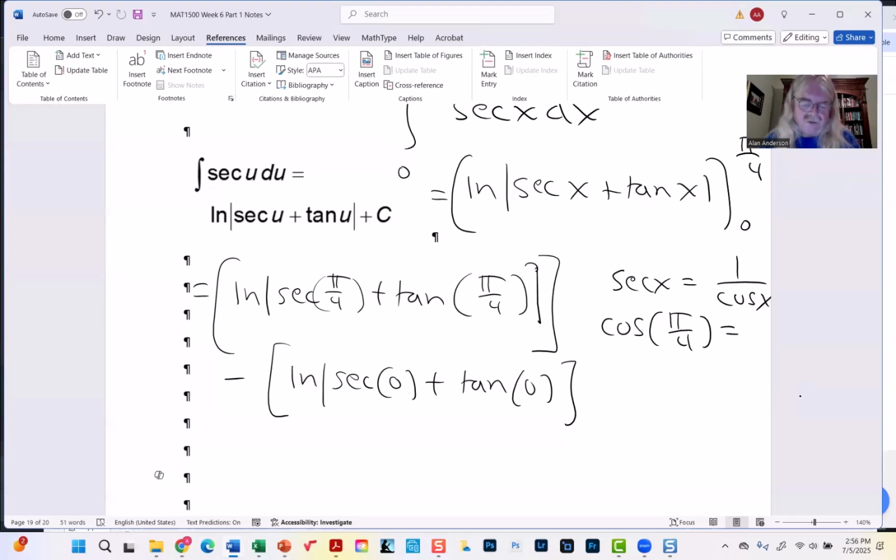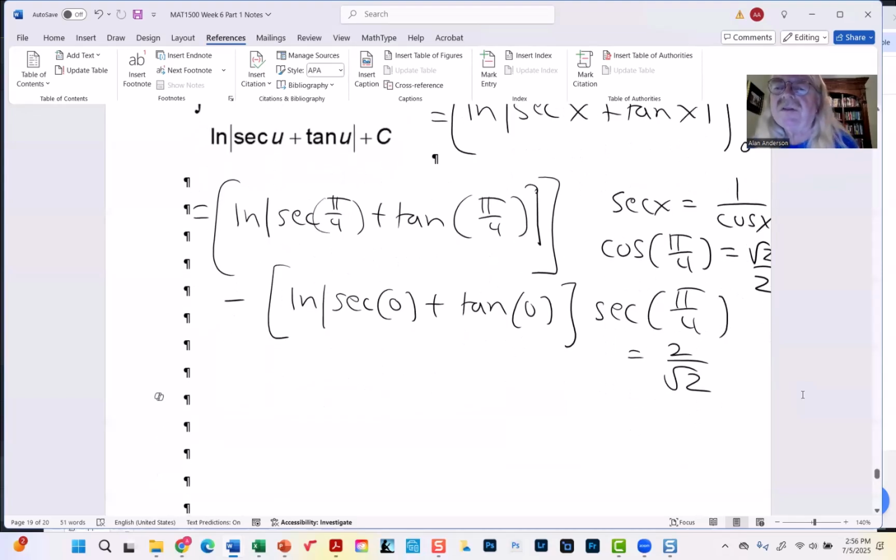It looks like it's radical 2 over 2. Hold on, let me just double check this. Yes, okay. So that indicates that the secant of pi over 4 would be 2 over radical 2.